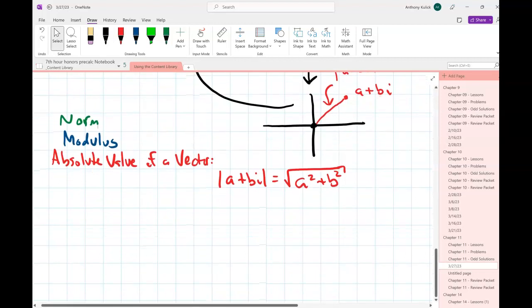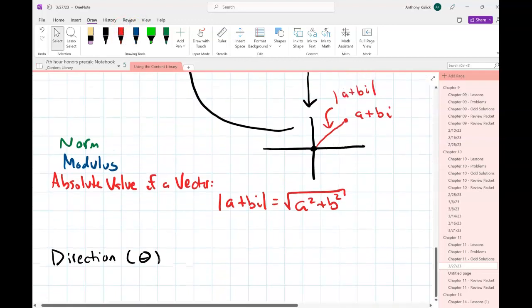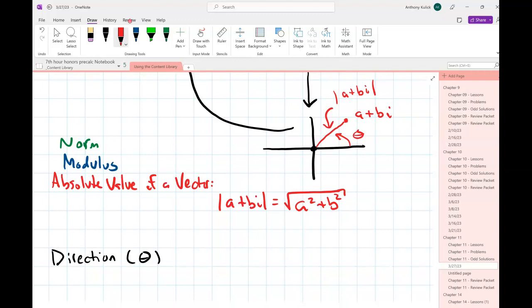The other thing that we wanted to talk about was the direction. Theta was that value, right? If we're thinking about a complex number as a vector, if I'm talking about magnitude, I'm also interested in a direction.